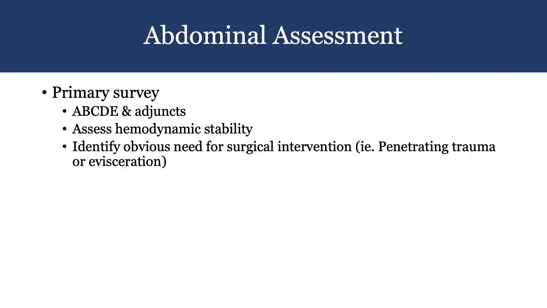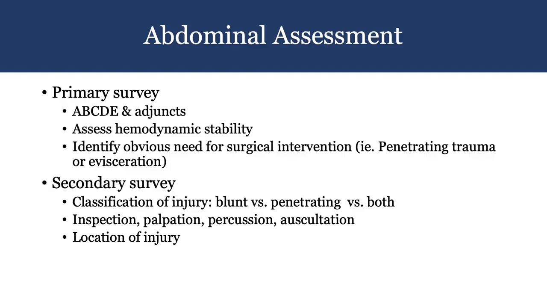In the abdominal assessment, usually it is the C that is affected, and we want to assess quickly the hemodynamic instability and try to correct it as soon as possible. We identify the obvious need for surgical intervention, for example, if you have penetrating trauma or evisceration of abdominal contents, and we sort this immediately.